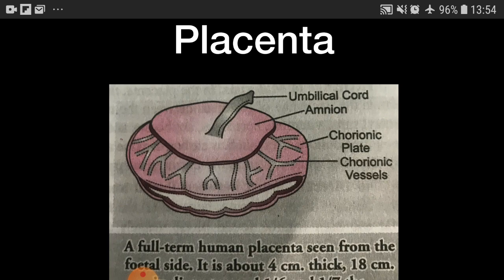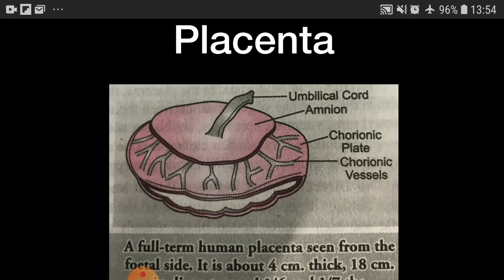The placenta has two parts: the part controlled by the fetus, that is the chorionic villi, known as the fetal placenta, and the part shared by the mother, that is part of the uterine wall, is known as maternal placenta. The chorionic villi come to lie in uterine lacunae that contain blood.